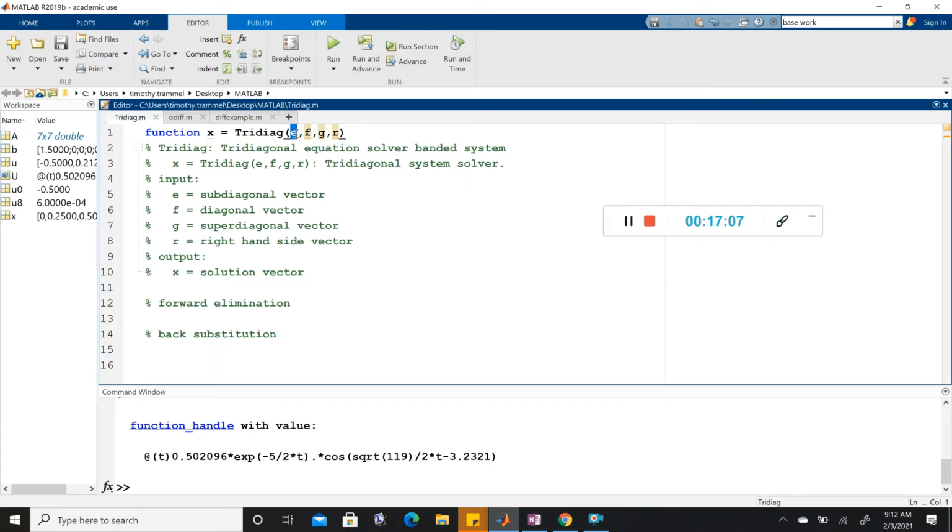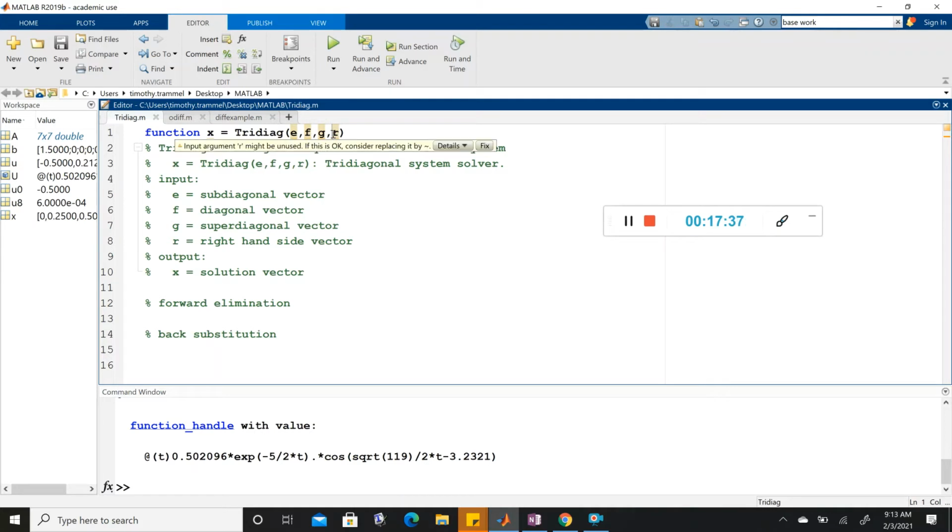Remember, we're just going to put in the lower diagonal, the main diagonal, the upper diagonal, and then the other side of the system of equations. So the question is, how do we figure out what the dimensions of the matrix A would be? Like in our previous example, what would the dimensions of that be? You could actually get it from two places here.